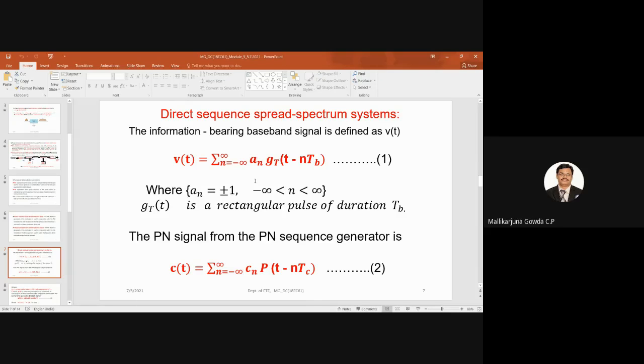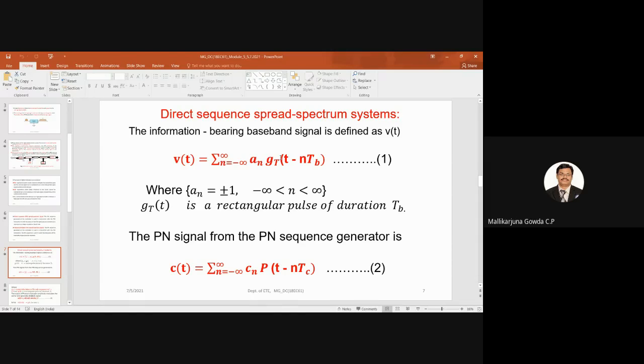I represent each bit by a rectangular pulse, shifted, and multiply that with the amplitude of the signal. That is how I represent mathematically the entire information sequence.